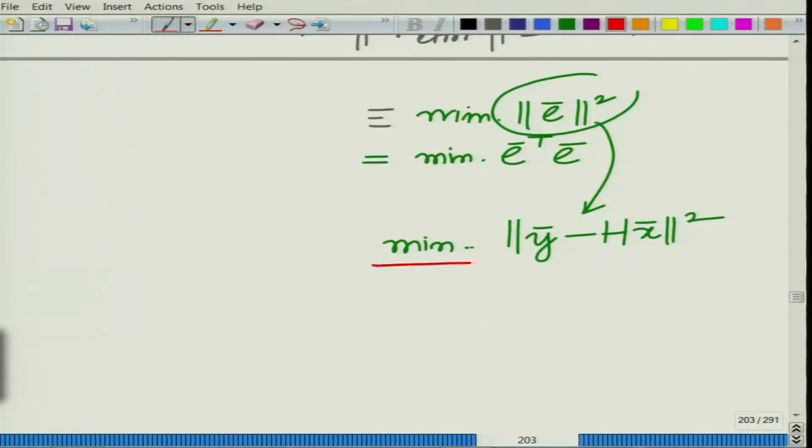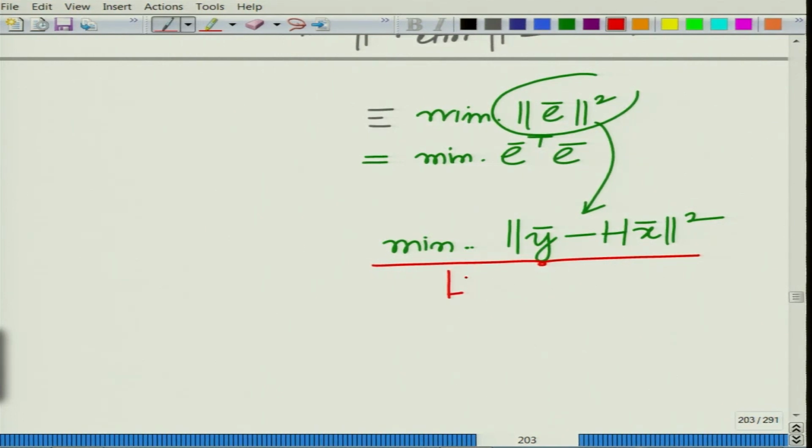Find the vector x bar such that the square of the norm of the error is the least. Therefore, this is known as the least squares problem. This is a very popular and fundamental problem in signal processing, machine learning, and data analysis.